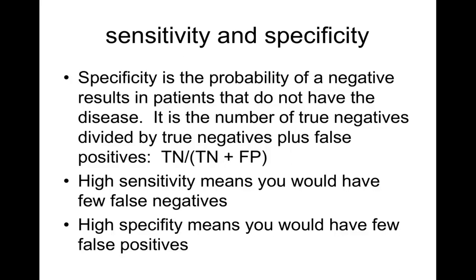So if you have a high specificity, you're not going to have very many false positives. One of the practical examples in life that yields a lot of false positives, that has always been a problem previously, was the old school mammograms.